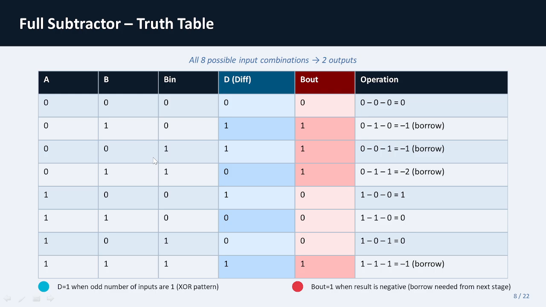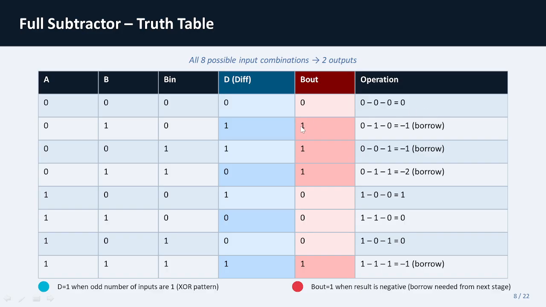The operation looks like 0 minus 1 minus 0. What will you get? What is 0 minus 1? Minus 1, right? And minus 1 minus 0 again becomes minus 1. So in that condition you need a borrow.